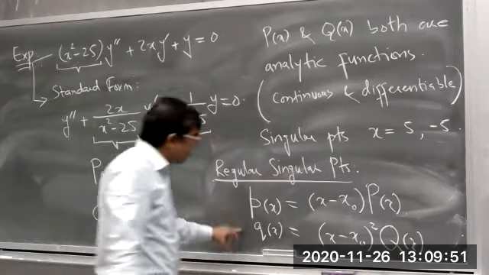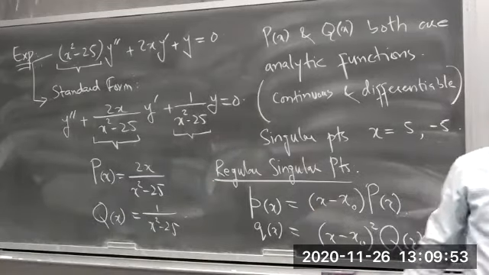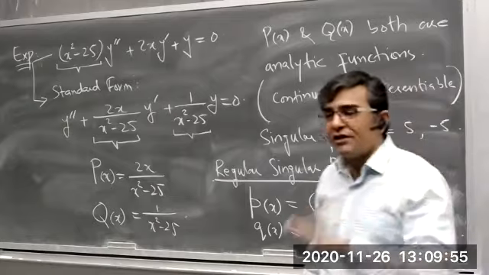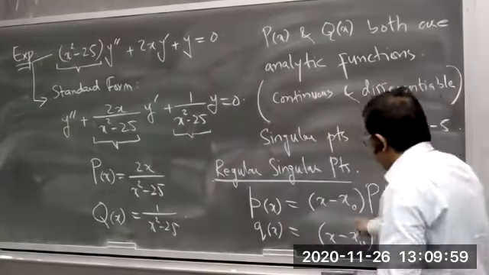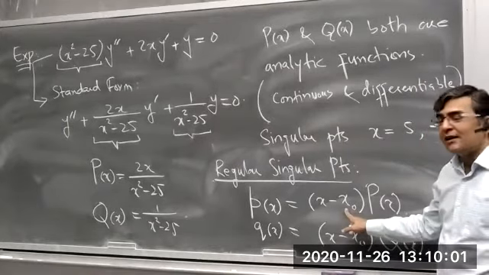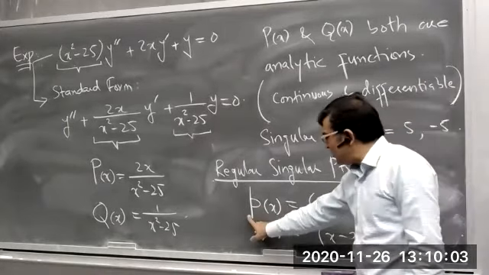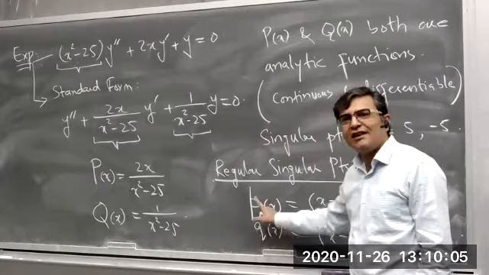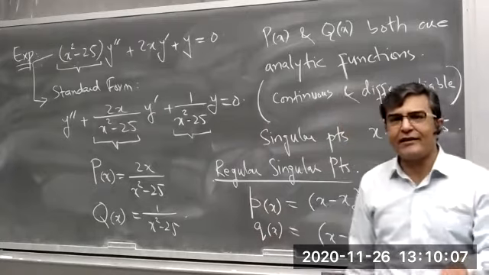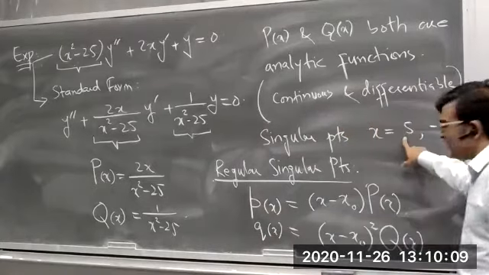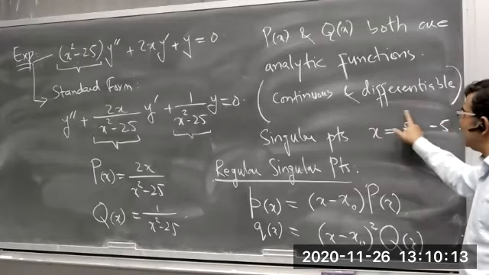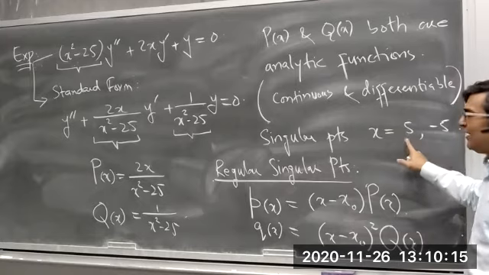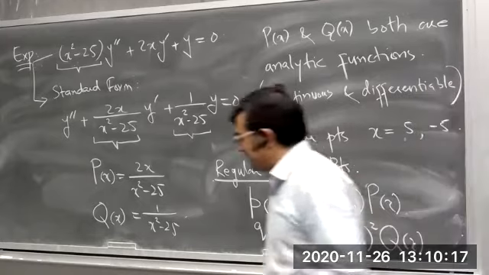If small p of x and small q of x, they are continuous, they are analytic at x naught, which is singular point. If small p of x and small q of x, if these two functions are analytic at this singular point 5, then we say that this x equal to 5 is regular singular point.